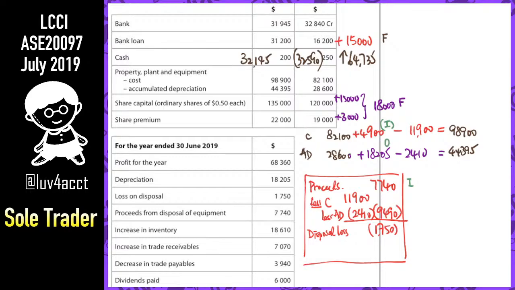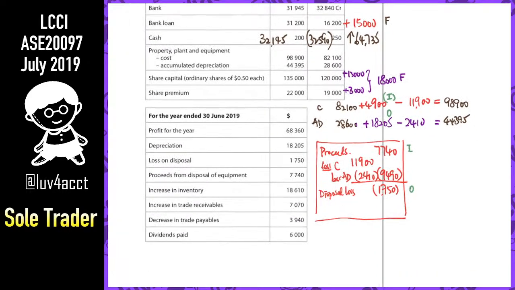Depreciation operating activities positive, disposal loss operating activities positive. Increase in inventory negative, increase in trade receivables negative, decrease in trade payables negative as well. Okay, all operating activities. And then dividends paid, financing activities negative.